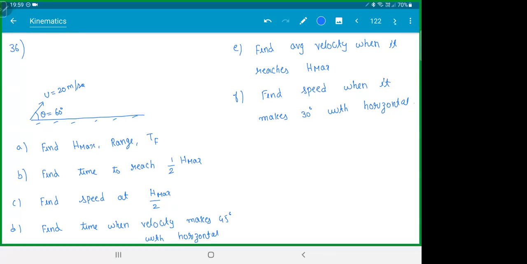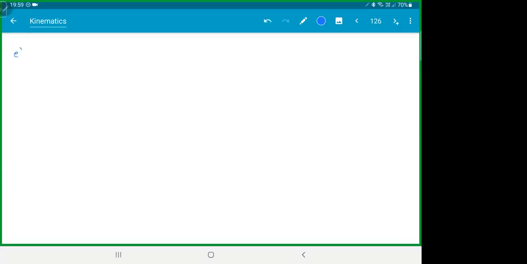See, you want average velocity. So as you're flying here, this is your initial, this is your final. This is the displacement, everyone. Average velocity is displacement by time. Displacement is initial to final position. This is h and this is r by 2.